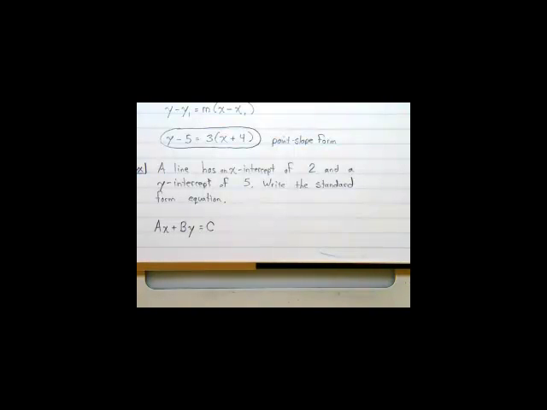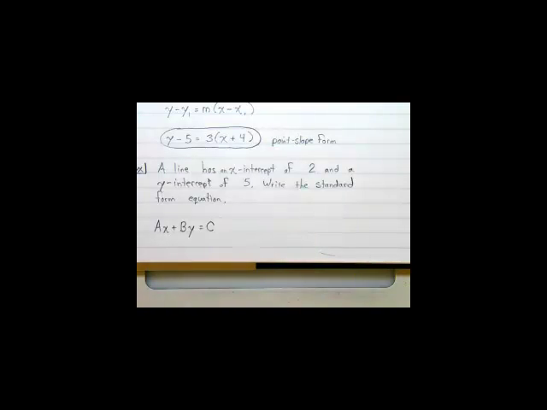But A, B, and C don't really have any physical meaning as far as what you're seeing on the graph. So we can't start immediately with this one like we did with the other ones. We're going to have to start with another form that's going to allow us to get an equation written out, and then once we have that, we can do some algebra and convert it so that it's in standard form.